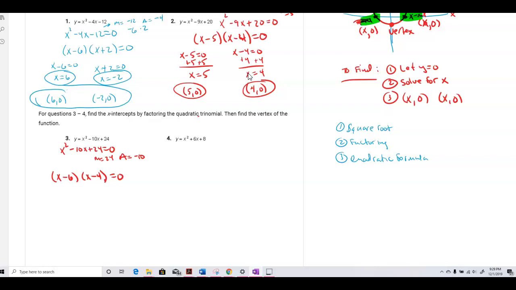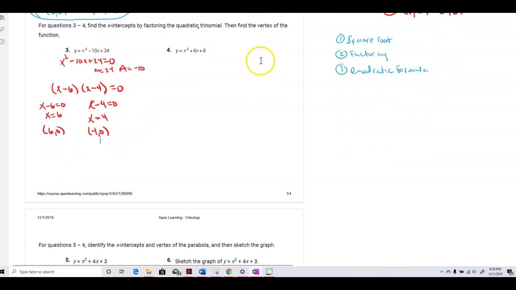equals 0. So right away, when I go to find my x-intercepts, if x minus 6 equals 0, then x equals positive 6. So you get 6, 0. Then if I take x minus 4, set it equal to 0, x equals 4 is the solution. So my other x-intercept would be 4, 0.